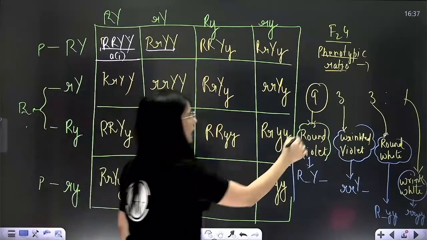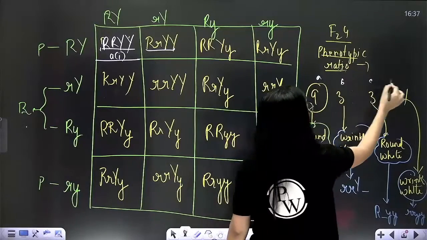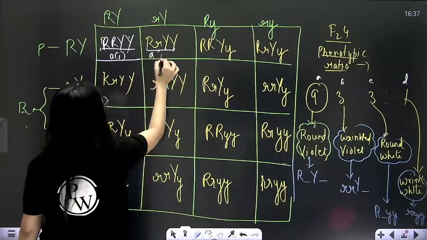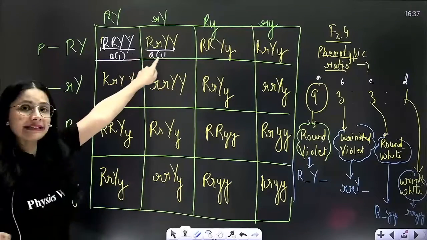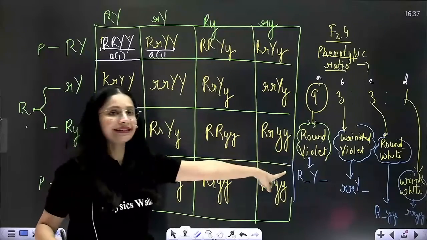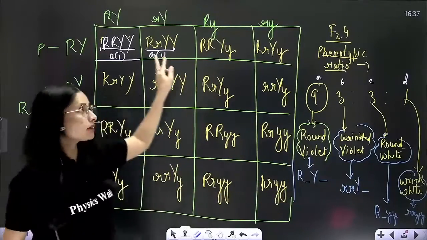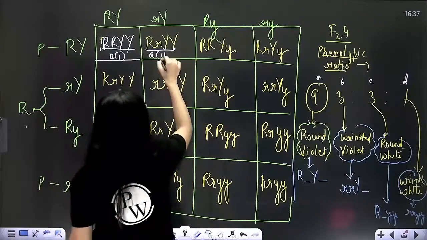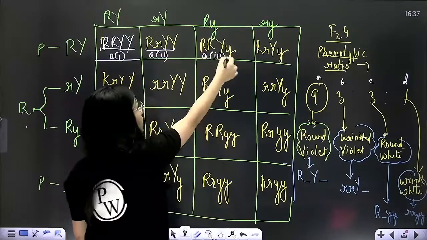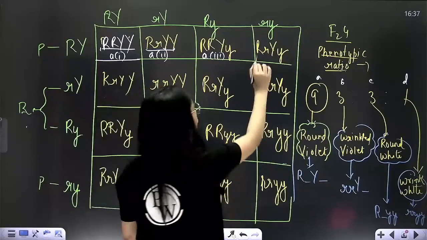This is for A. Here we'll count B, here we'll count D. Correct? So this is A1. This is also A2. Why? Because R is in heterozygous dominant, but Y is in homozygous dominant. So considered in my first genotype. Correct? Round and violet. Here also A3. You can see round and violet. Fourth also.